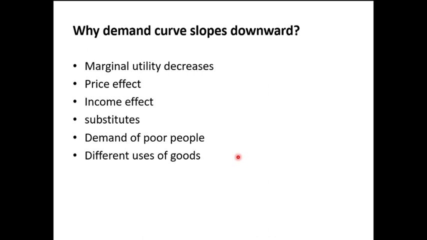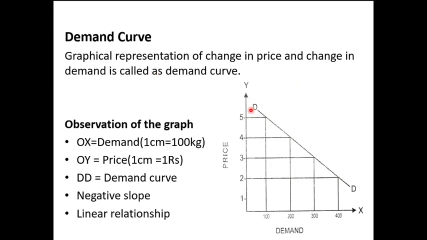So this tendency has its own reason in economics. Because of these many reasons, the demand curve slopes downwards. In the diagram you have seen it is a downward slope. How does it fall downward? Which side does this come? This is the right side and this is the left side.